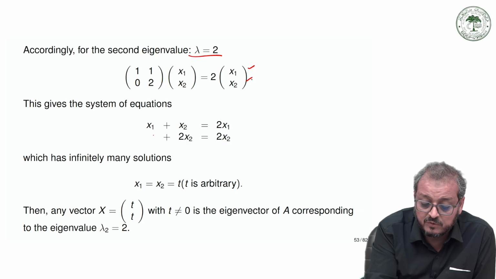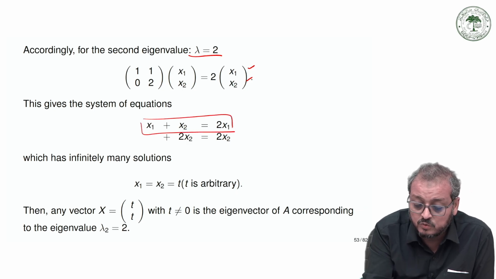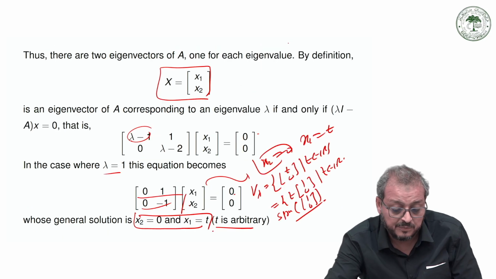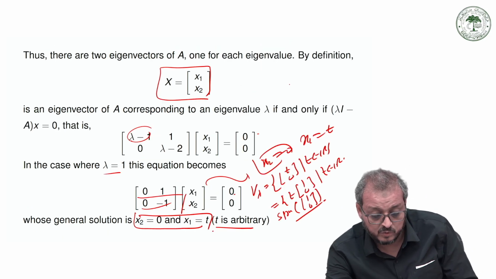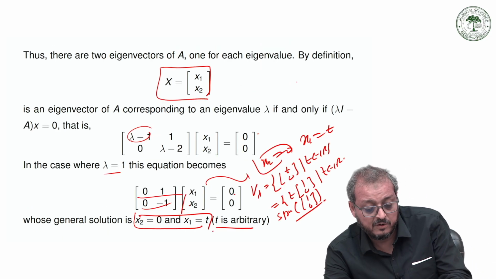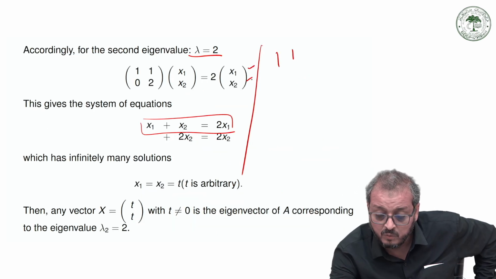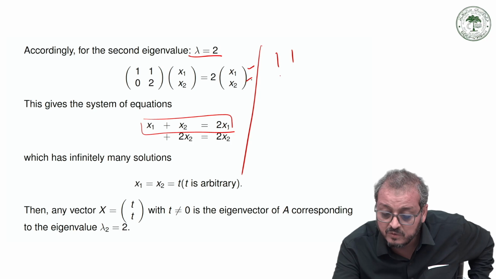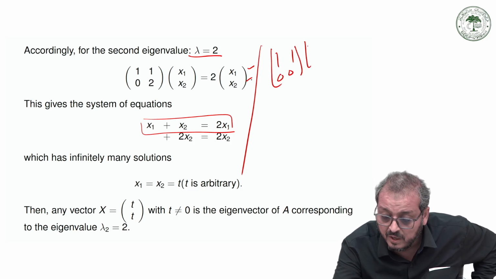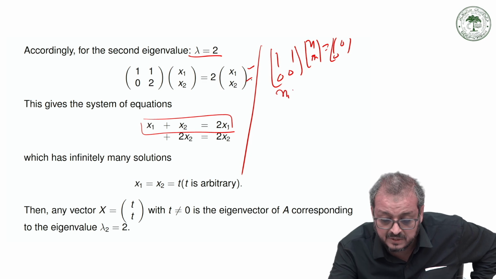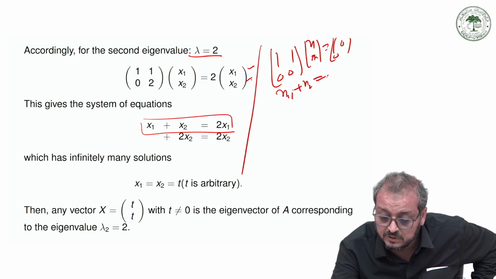Substituting lambda equal to 2, we get the matrix (1 1; 0 0) times (x1, x2) equal to (0, 0). Then clearly x1 plus x2 is equal to 0.